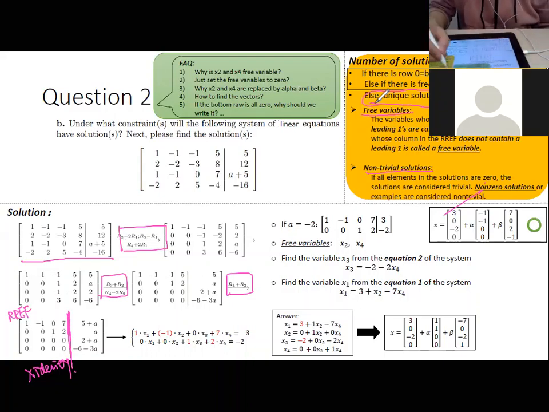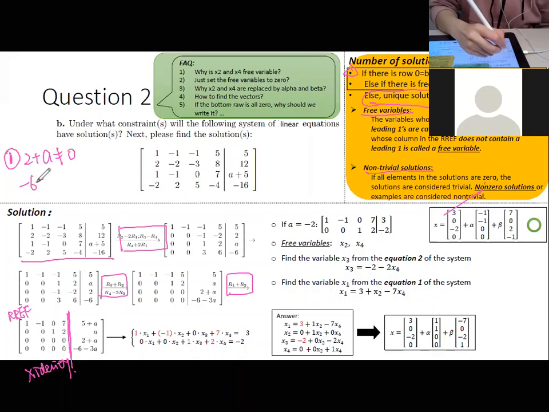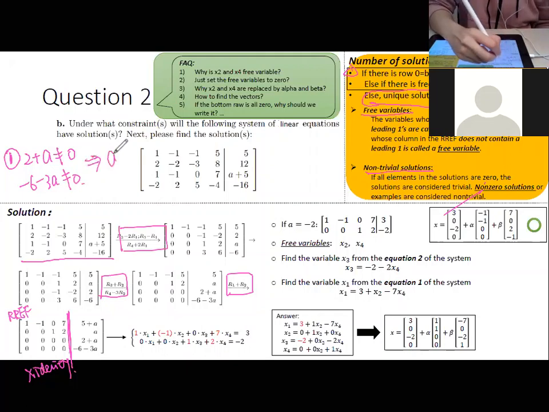For the first point, if there is a row 0 equals b, but b does not equal 0, then there is no solution. In this case, that means 2 + a does not equal 0, and -6 - 3a does not equal 0. In this case, the system will not have solutions, and we get a does not equal -2.